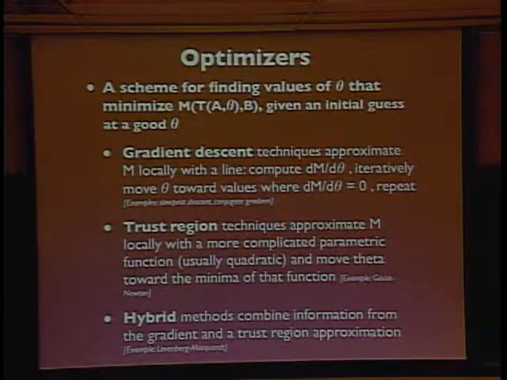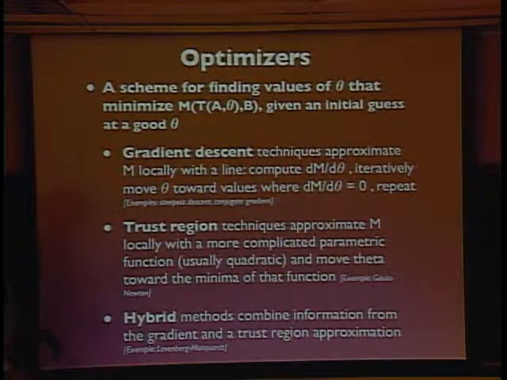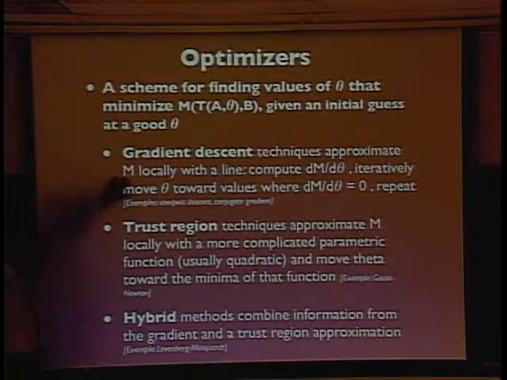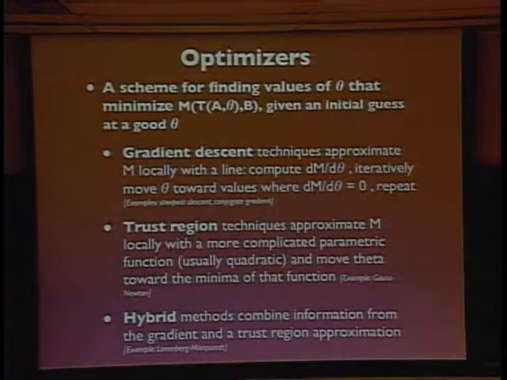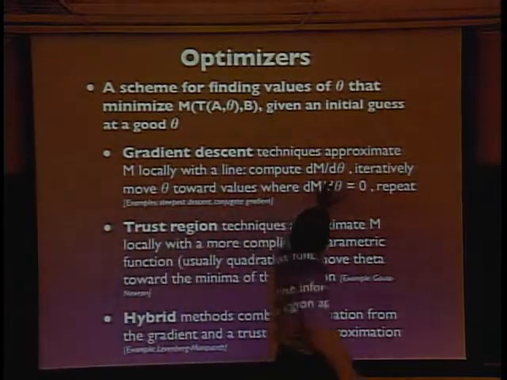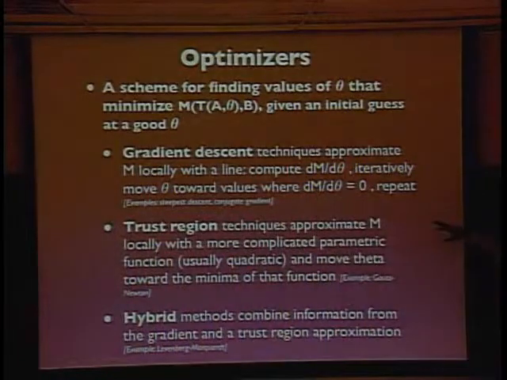So what gradient descent techniques do is that they, as the name suggests, descend a gradient. The idea here is that you calculate the gradient of m, and in fact what you usually do is approximate the gradient of m, or approximate m in some way locally, depending on where you are in terms of your initial guess of the parameter vector. You compute the gradient of that thing and then iteratively move theta values towards values where that derivative equals 0.